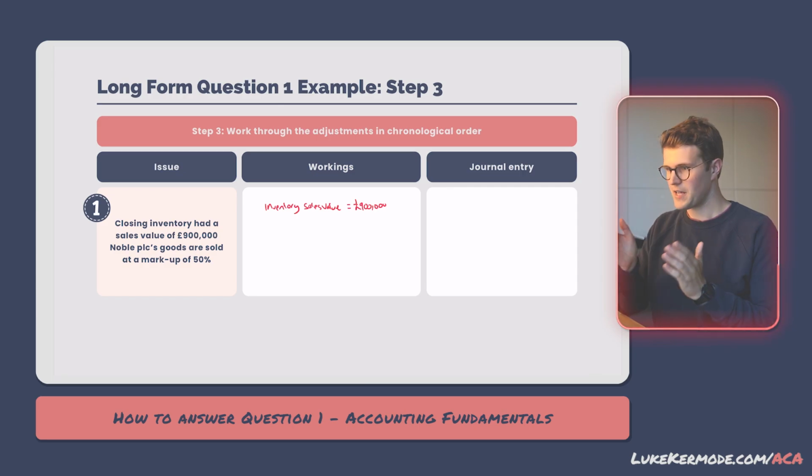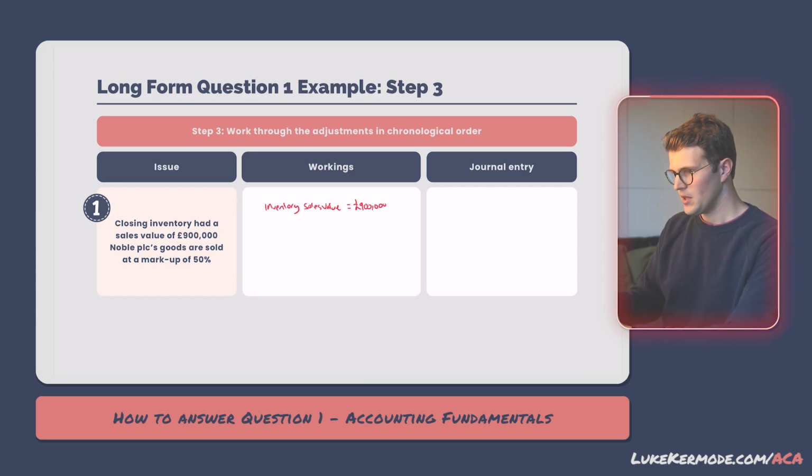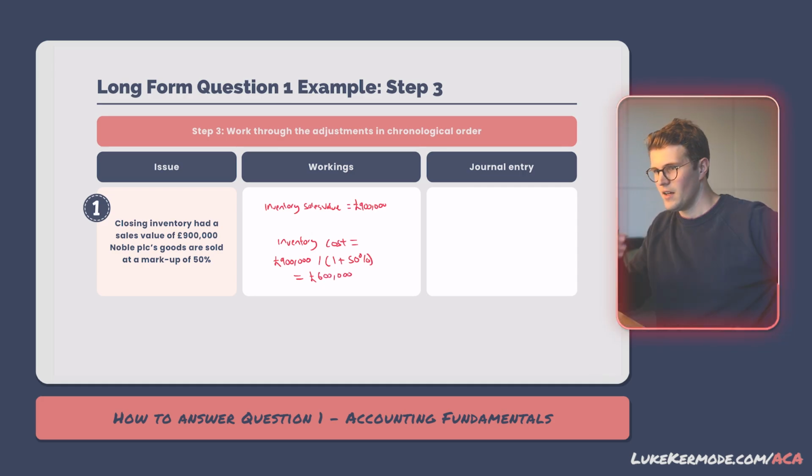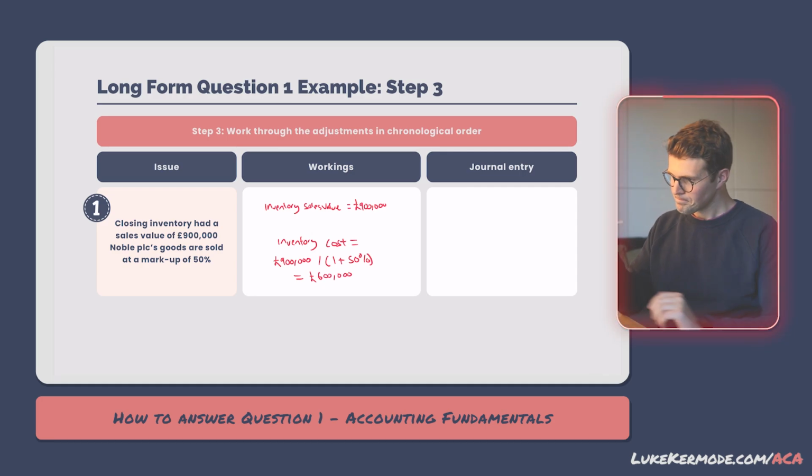So we need to reverse out that markup, and to do that, we divide the sales value of £900,000 by 1 plus the markup percentage of 50%. And that equals £600,000. That's the inventory's cost amount.